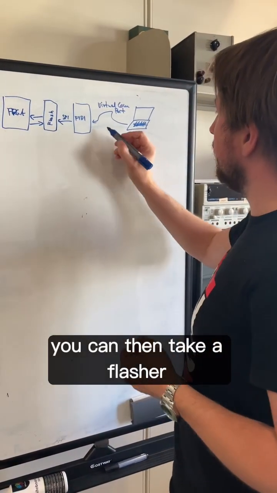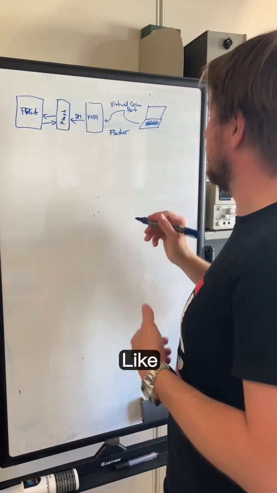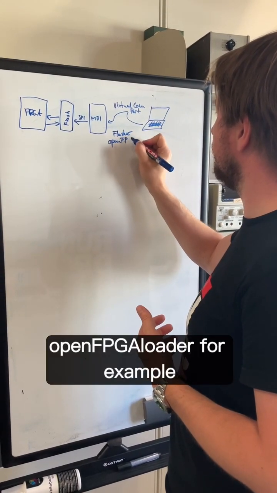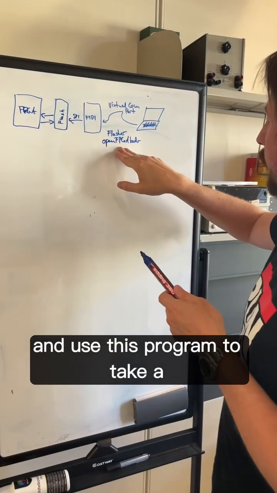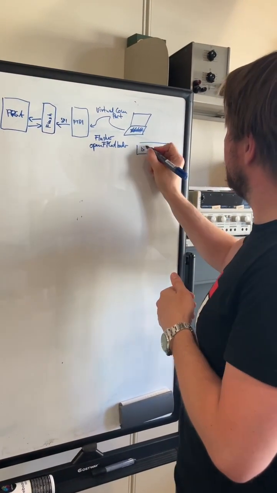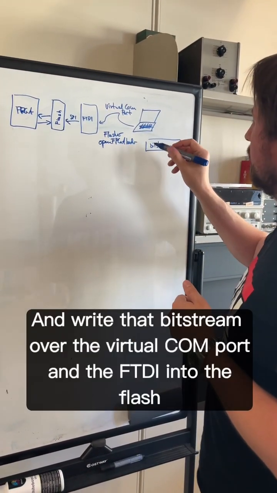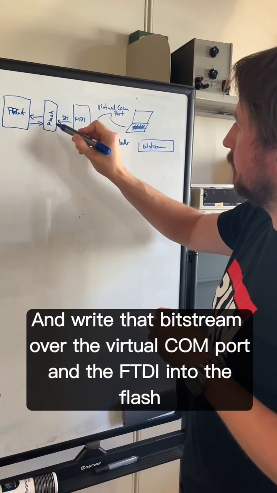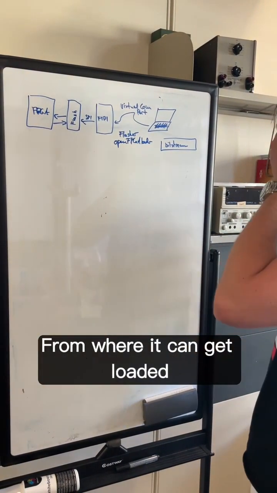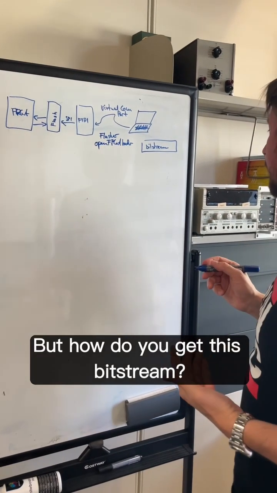You can then take a flasher like Open FPGA loader, for example, and use this program to take a bitstream and write that bitstream over the virtual COM port and the FTDI into the flash from where it can get loaded. But how do you get this bitstream?